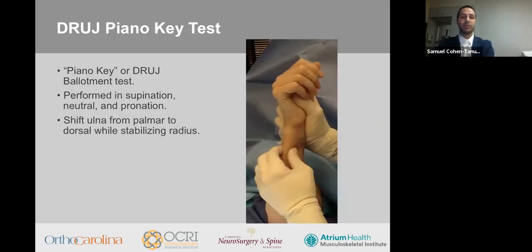As opposed to DRUJ instability, which can exist with or without arthritis, the described piano key or ballottement test is sort of self-evident. You stabilize the radius and then try to shuck the ulna relative to the radius within the sigmoid notch back and forth, or dorsal to palmar.